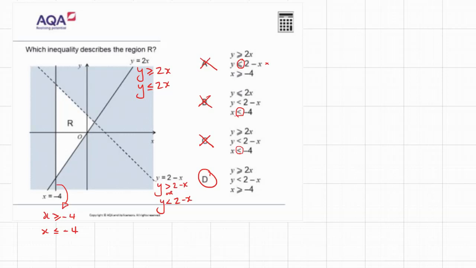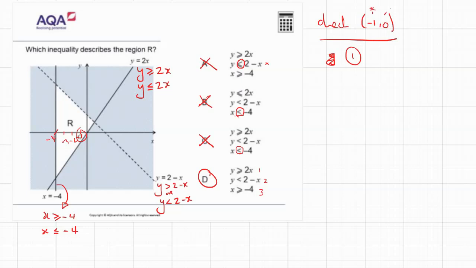But let's just double check for our own sanity. We know this is going to be minus 4. So again, I'm going to have the numbers minus 1, minus 2, minus 3 in the middle. Let's pick and check the coordinate minus 1, 0 again. So inequality 1, 2, and 3. Inequality 1: we know that's y is greater than or equal to 2x.